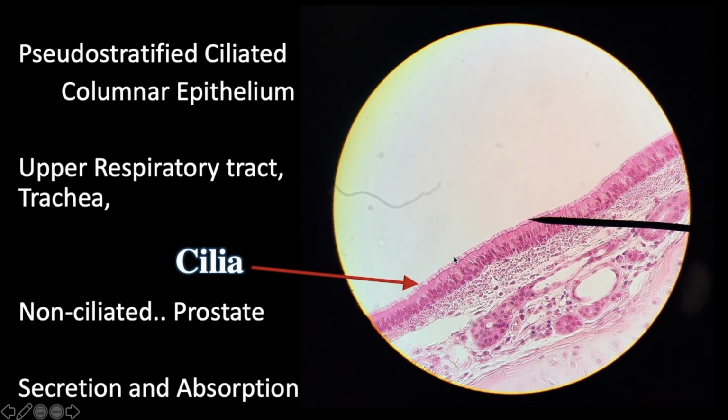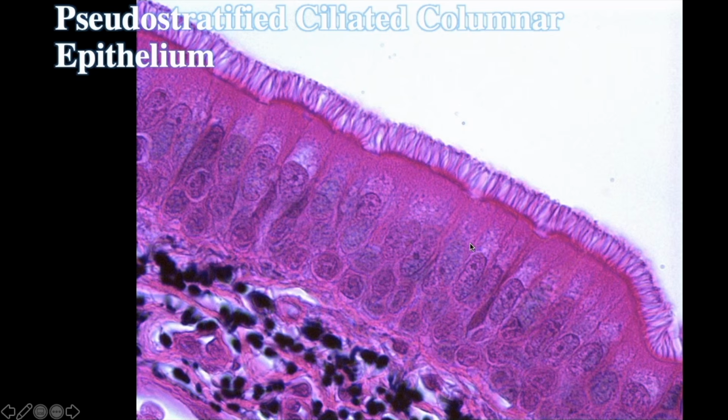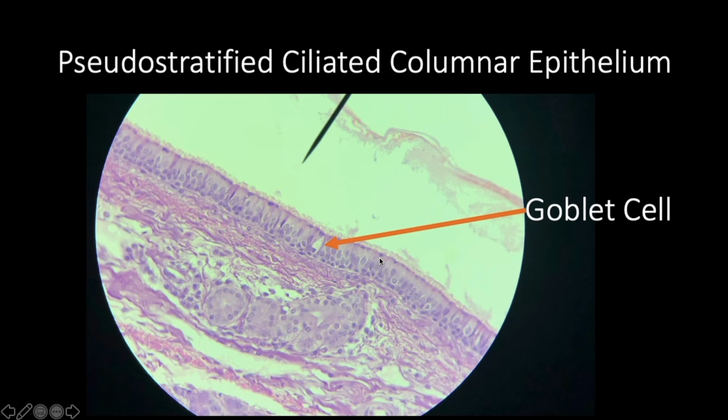So that's your pseudostratified ciliated columnar epithelium. You zoom in, like, wow, okay, this does look stratified. Look, you got a nucleus, nucleus, nucleus. It looks stratified, but it's not, so we call it pseudostratified. Look at how long the hairs are here, the cilia. Here's a goblet cell. There's a goblet cell. This will also give it away.